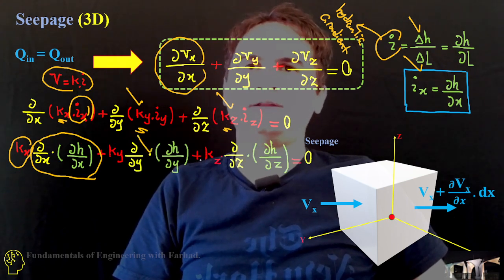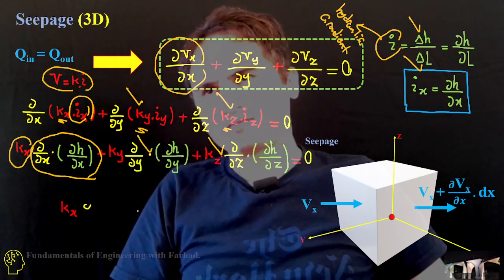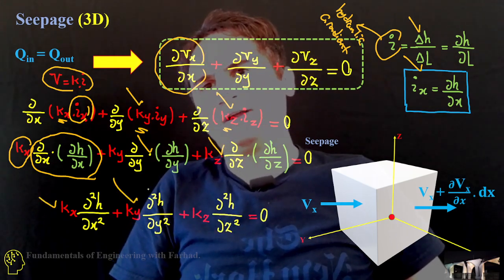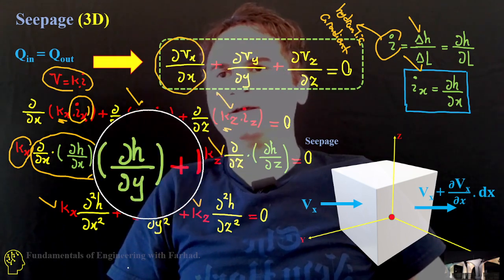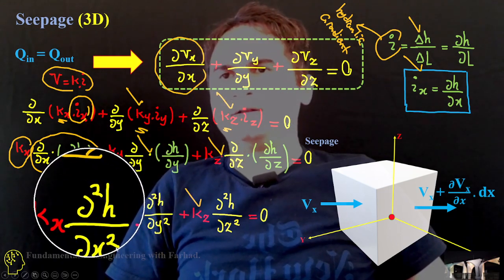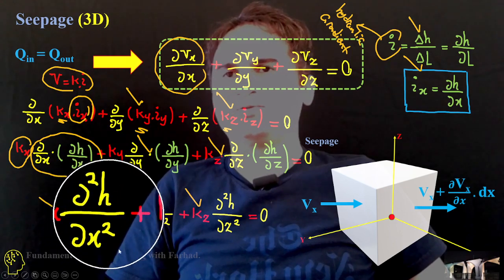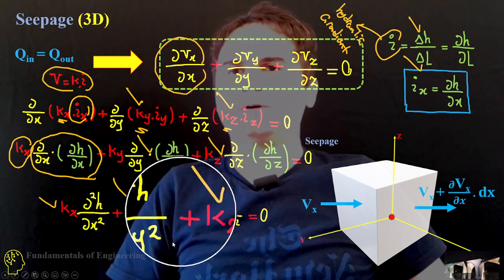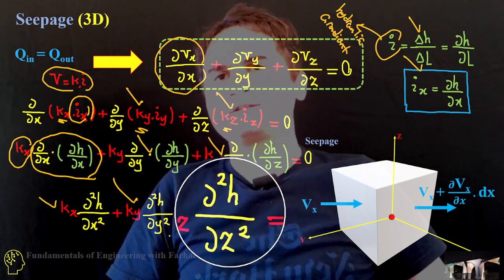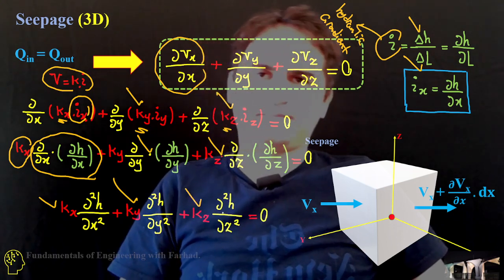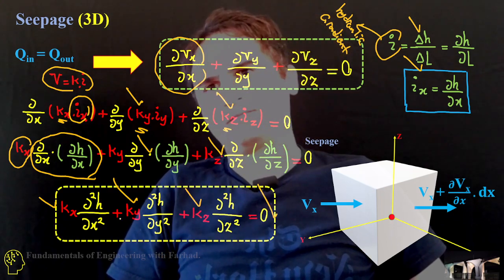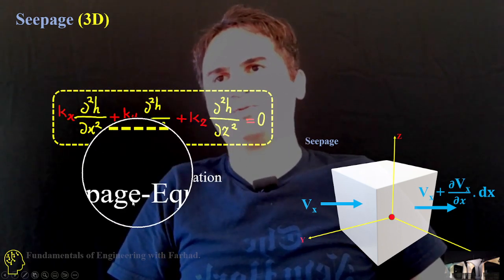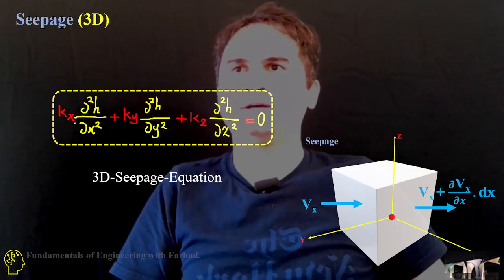Do the same for the others, ky and kz, and it gives us kx, ky, kz constants: kx times d squared h over dx squared plus ky times d squared h over dy squared plus kz times d squared h over dz squared equal to 0. That's the 3D seepage equation.